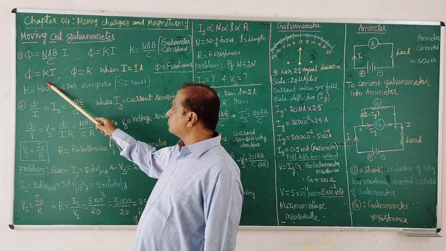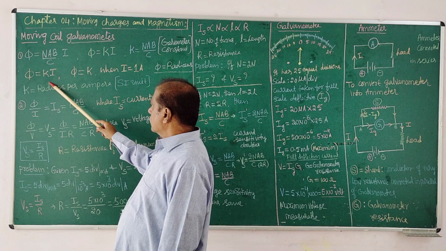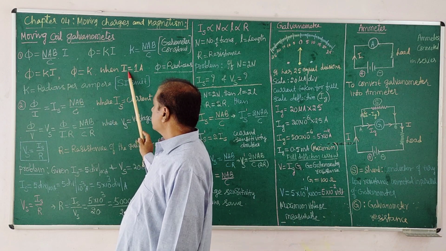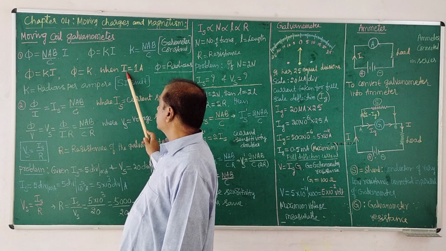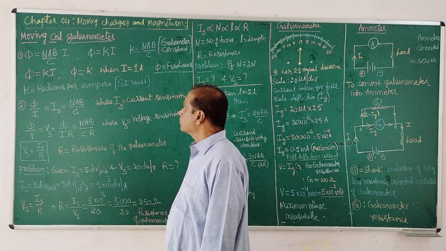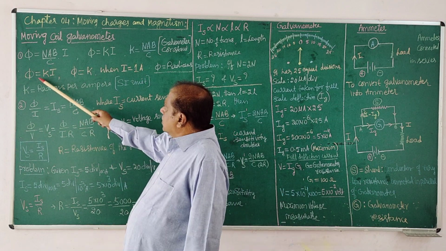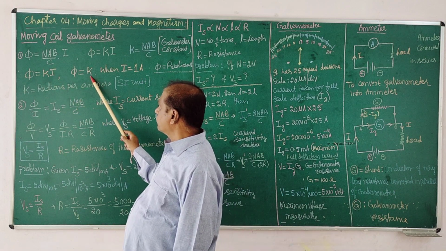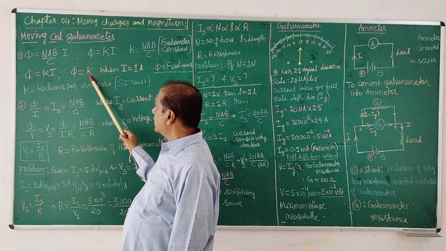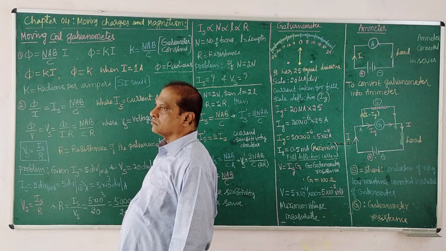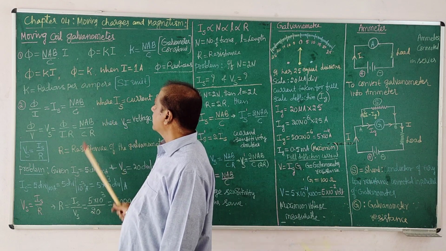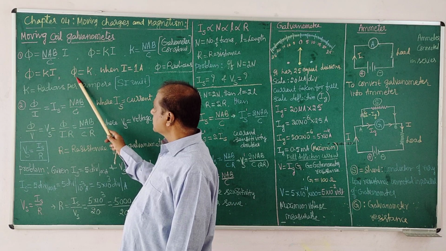Look at that equation. When you put I equals 1, unit value of current, that is 1 ampere, then eta equals K. What is K? K is eta. Now you can define K in radians.